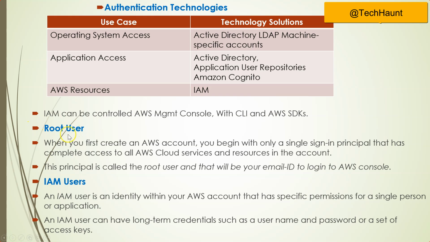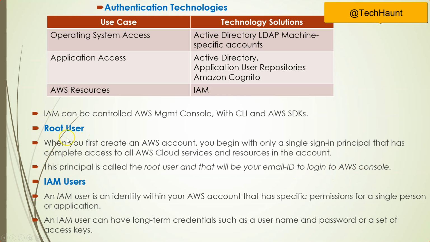So there is the root user. The root user is the user you create when you create your AWS account. You need to enter your email ID, and your email ID will be your first root user, which has unlimited access to your AWS account. You begin with only a single sign-in principal that has complete access to all AWS cloud services and resources in the account. This principal is called the root user, and it will always be your email ID to log in to the AWS console.